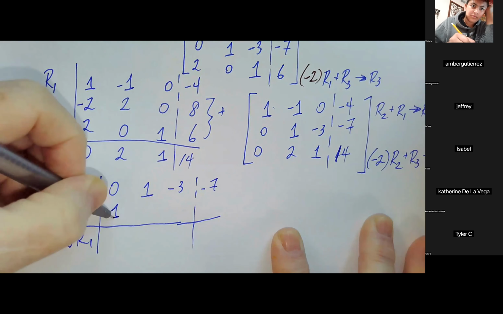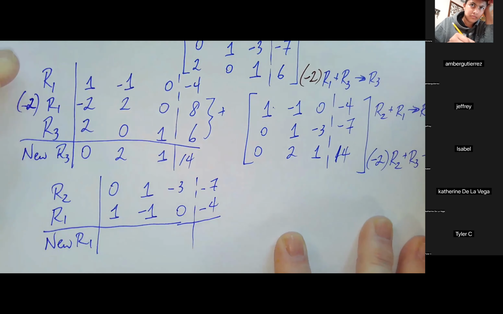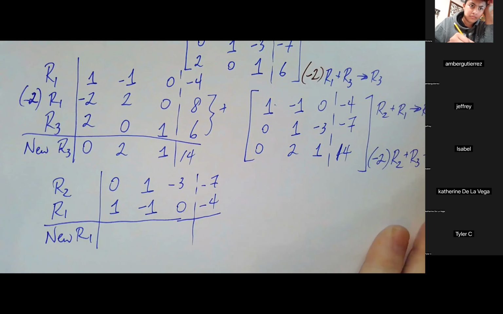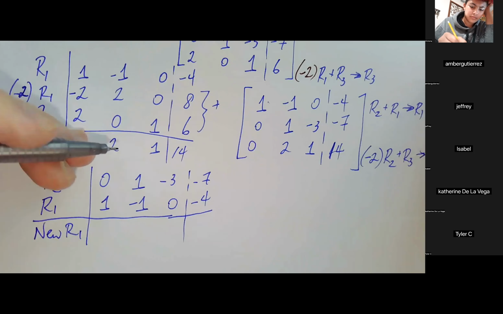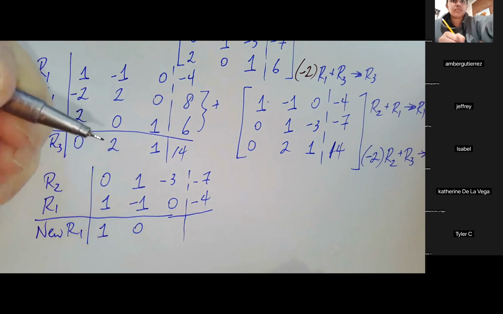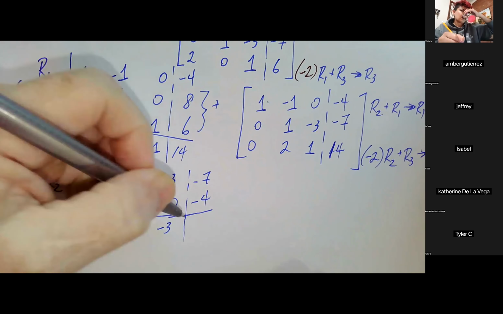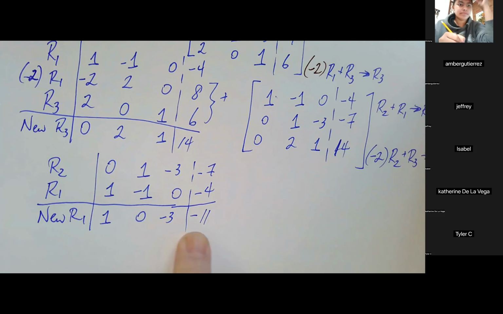Row 1 is 1, -1, 0, -4. What is our new row 1? It's 1, 0, -3, -11. Good. And why are we not freaked out about this -3 and -11?